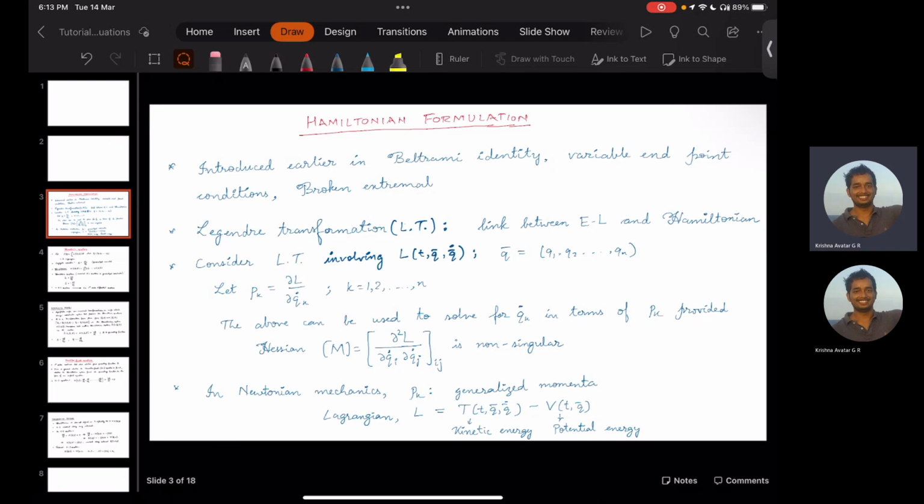The Lagrangian is defined as the kinetic energy minus potential energy, where kinetic energy T is a function of time t, the Q vector and the Q dot vector, and potential energy is a function of time and the generalized coordinate vector Q.